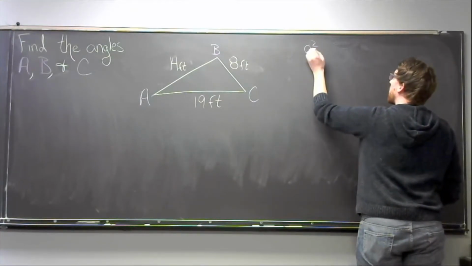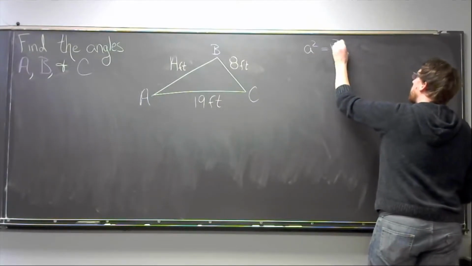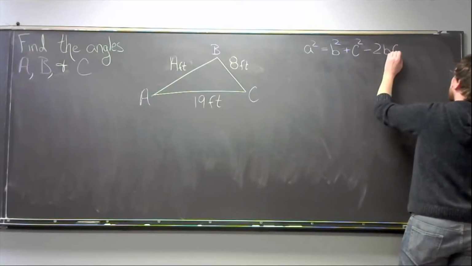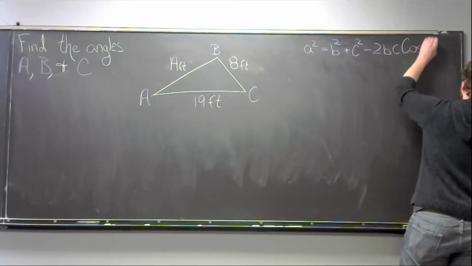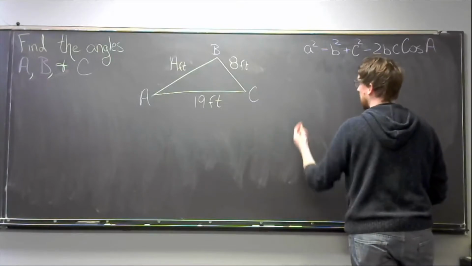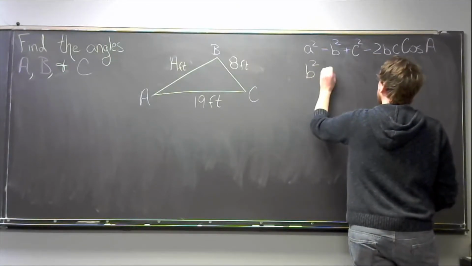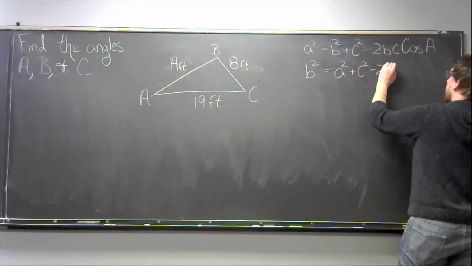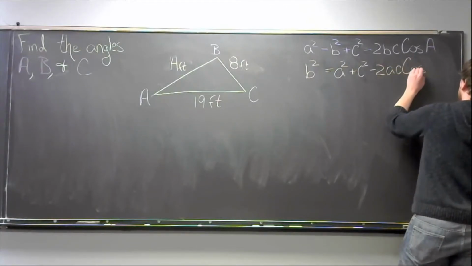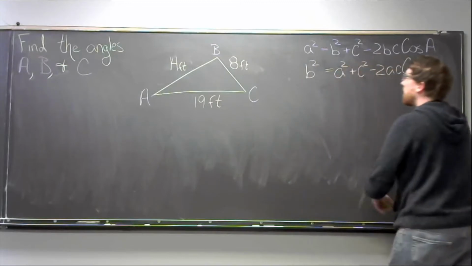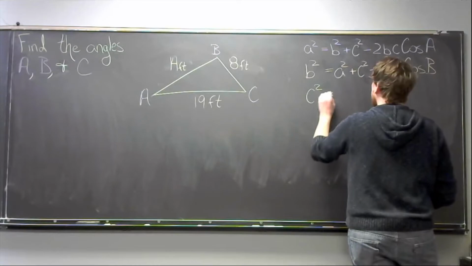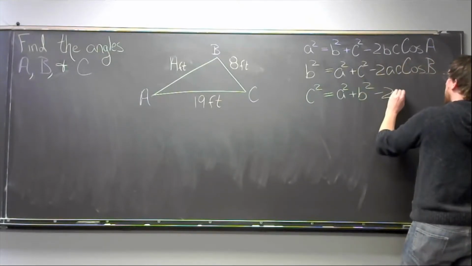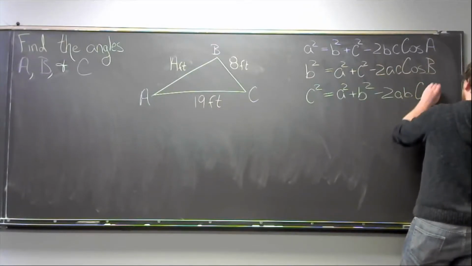We've got a squared is equal to b squared plus c squared minus 2bc times the cosine of A. b squared is equal to a squared plus c squared minus 2ac times the cosine of b, and c squared is equal to a squared plus b squared minus 2ab cosine of c.